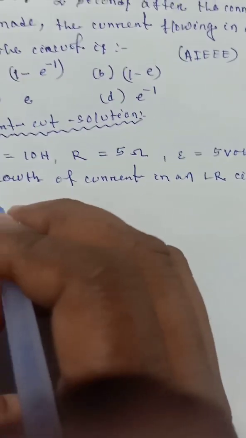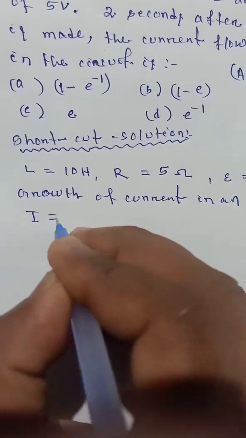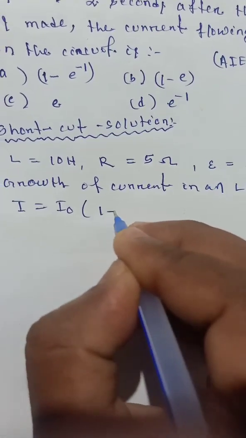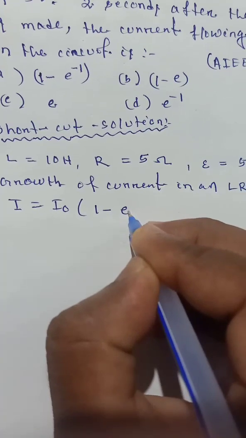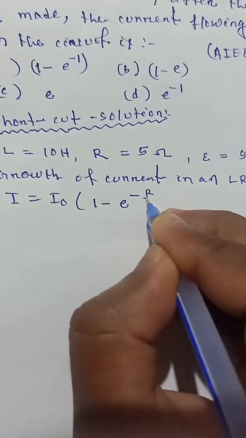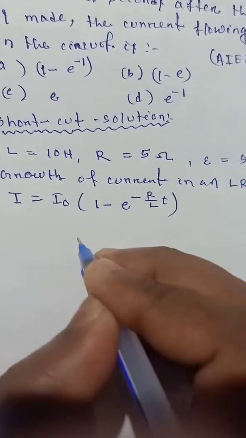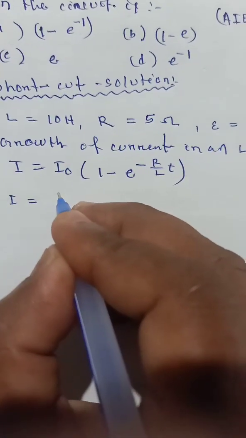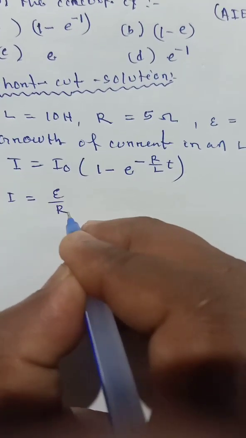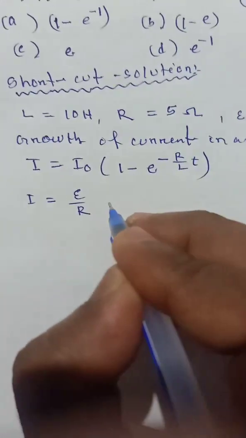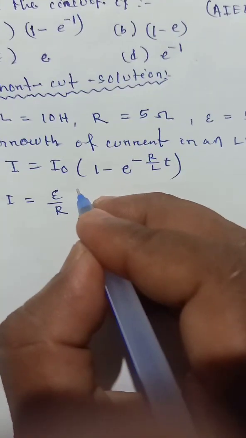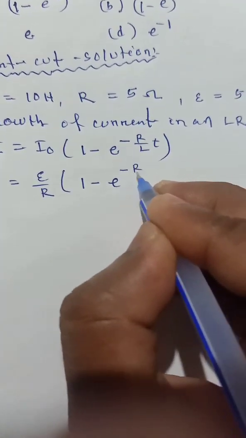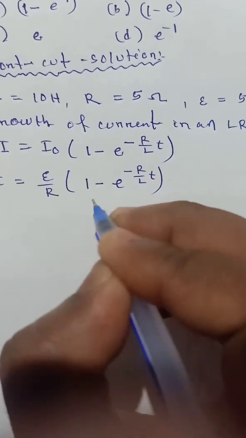That form is I equal to I naught times 1 minus e to the power minus R by L of t. Here I naught is equal to epsilon by R, voltage by resistance, whole of 1 minus e to the power minus R by L of t.